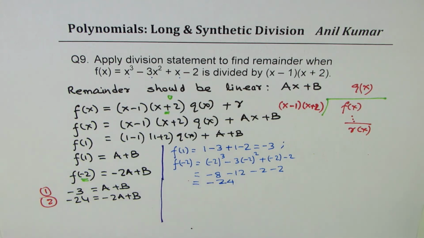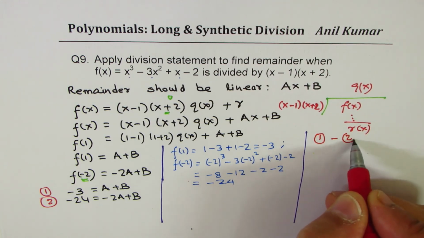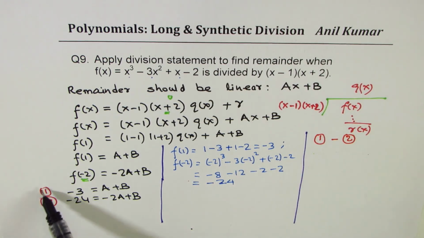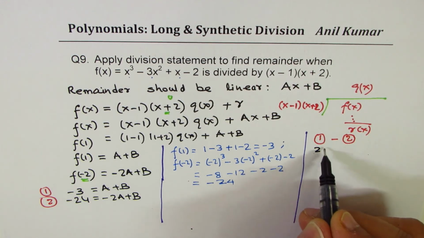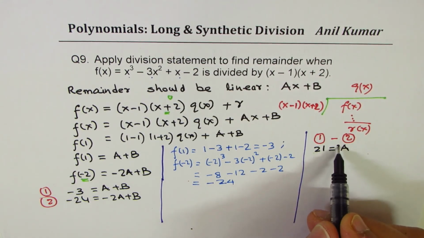Well, if I take away one from the other, that is to do equation 1 minus equation 2, I get 21 equals 3a.